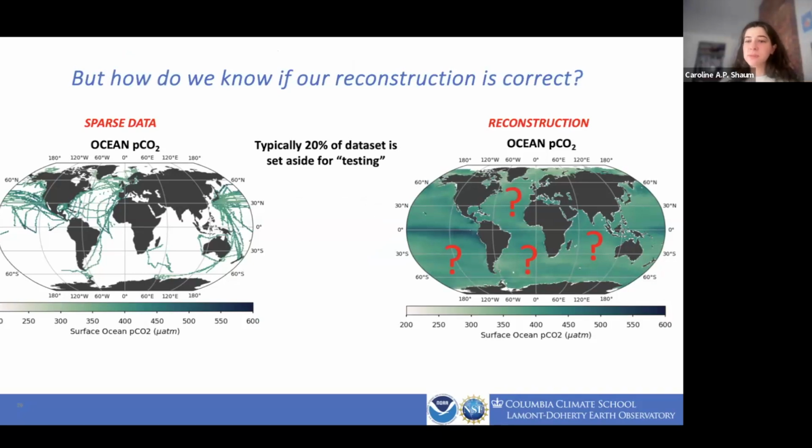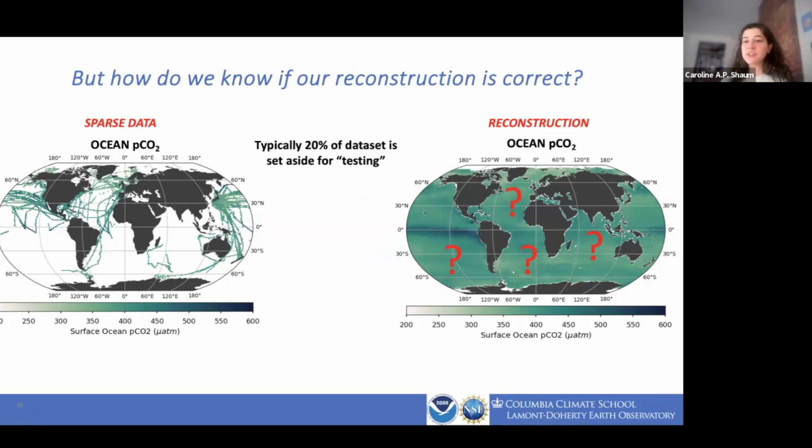One way that people typically test their machine learning reconstructions and performance is by doing something called testing. So 20% of our data set on the left is set aside for testing. Our machine learning algorithm will make this reconstruction and predict ocean pCO2 everywhere.